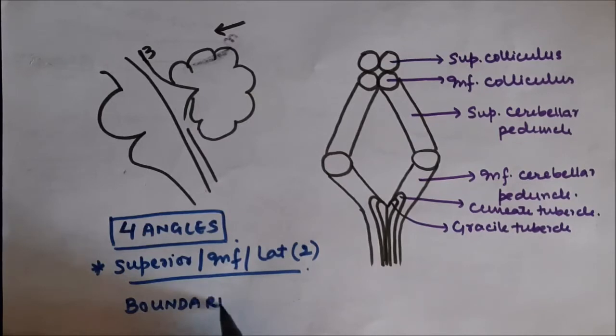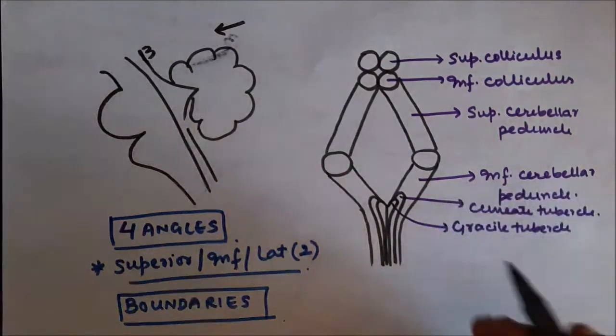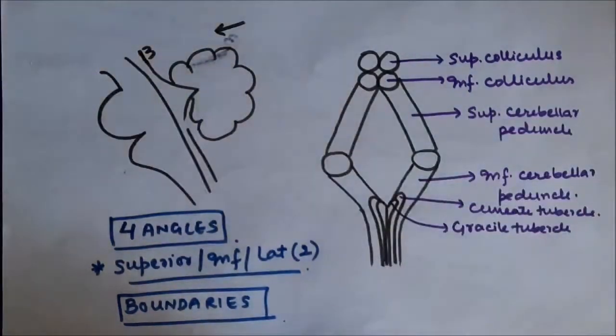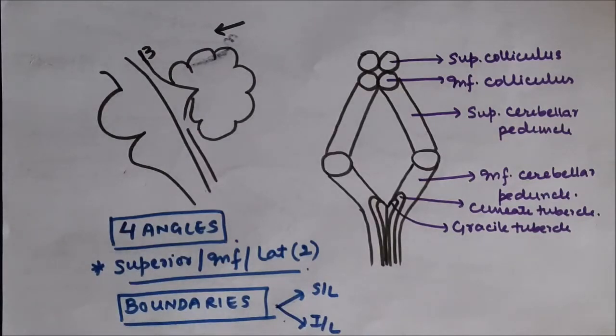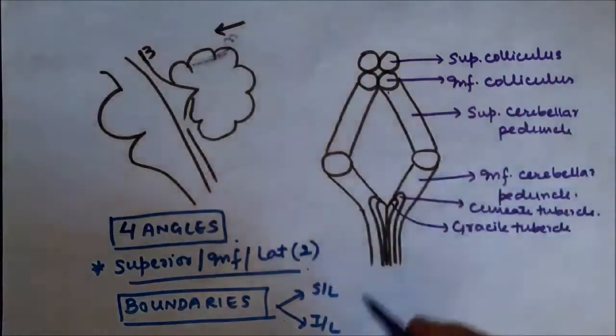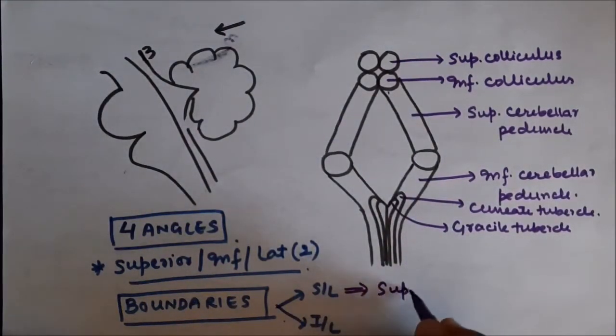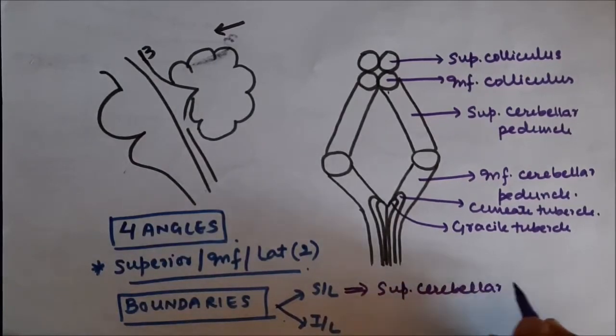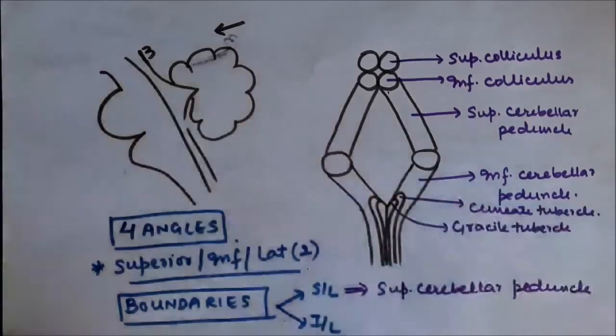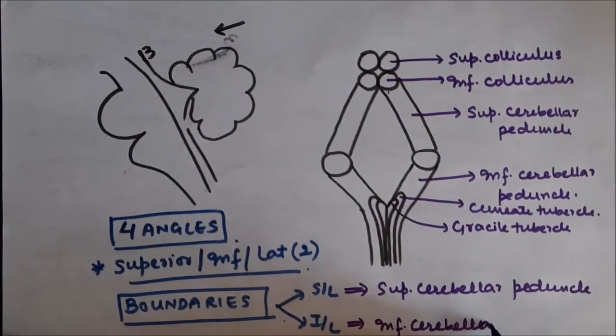Now the boundaries of fourth ventricle, as we can understand from the diagram clearly, there are four boundaries in total. Two boundaries are superolateral and two are inferolateral. Superior cerebellar peduncles form the superolateral boundaries, and inferolateral boundaries are formed by inferior cerebellar peduncle, and these two tubercles, that means gracile tubercle and cuneate tubercle.